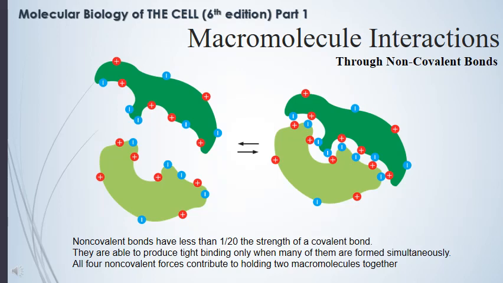As we saw on the previous slide, the non-covalent bonds are just a fraction of covalent bonds. But when many non-covalent bonds come together and start interacting, they can form very tight bonds when they act upon each other simultaneously.